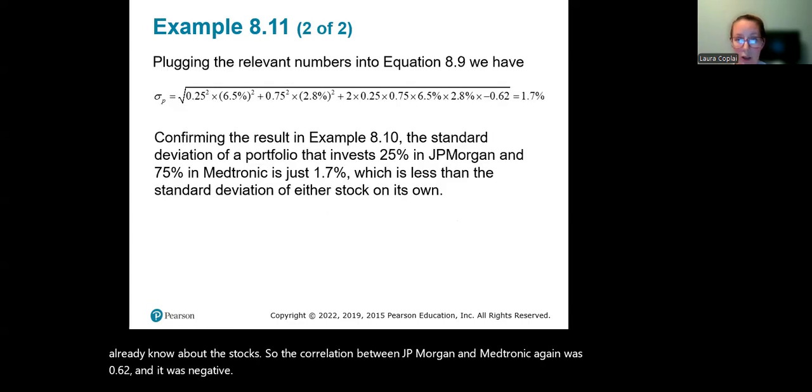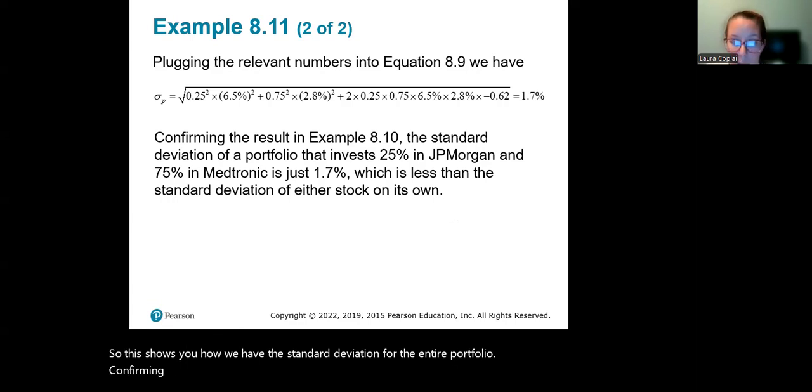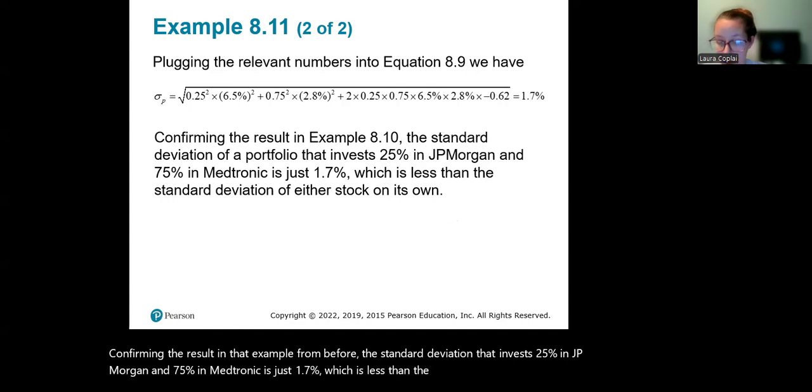So this shows you how we have the standard deviation for the entire portfolio. Confirming the result in that example from before, the standard deviation that invests 25% in JP Morgan and 75% in Medtronic is just 1.7%, which is less than the standard deviation of each stock on its own.